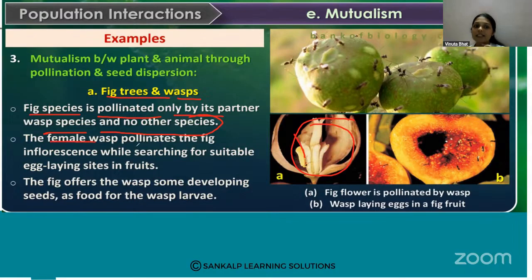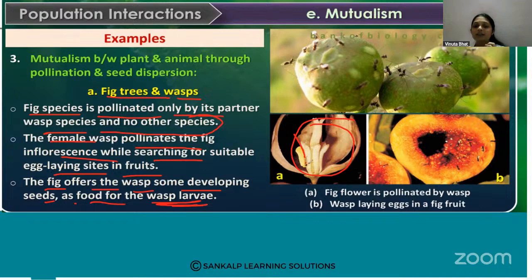The female wasp pollinates the fig inflorescence while searching for suitable egg-laying sites in the fruits. While she searches for a suitable place to lay eggs, the fig offers the wasp some developing seeds as food for the wasp larvae.